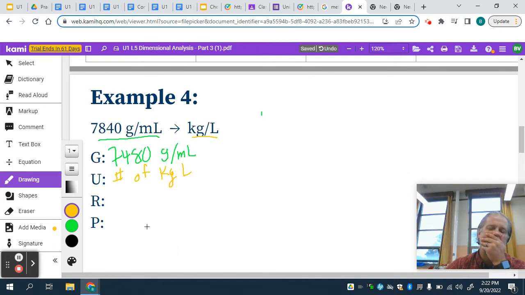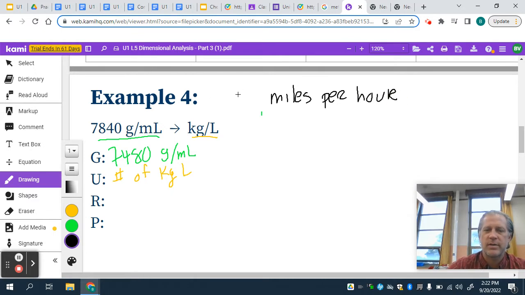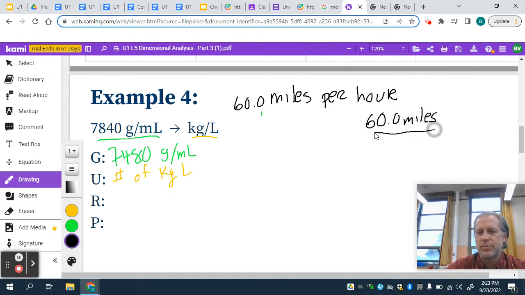And then I should probably back up for a second and talk for a minute about what grams per milliliter means. In your life, you've probably heard the phrase miles per hour. Specifically, I'm going to give it a value. So we're going to say like 60 miles per hour. But what that really means is that that's the distance, so 60 miles, that an object would travel in 1 hour's time.